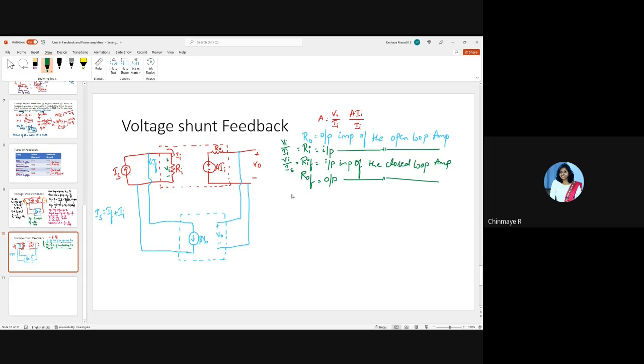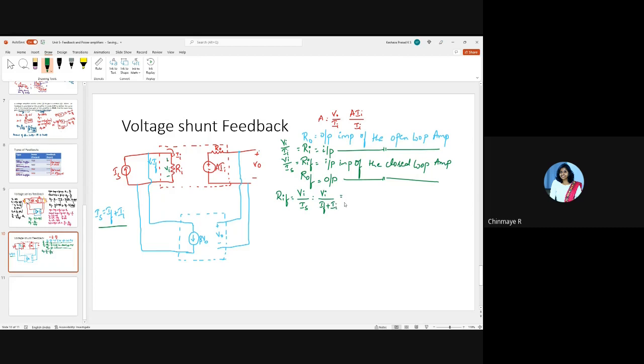Right? So now we know that Rif is equal to Vi divided by Is. Is can be written as the sum of If plus Ii, right? We have written that here. So this will be Vi by If plus Ii.